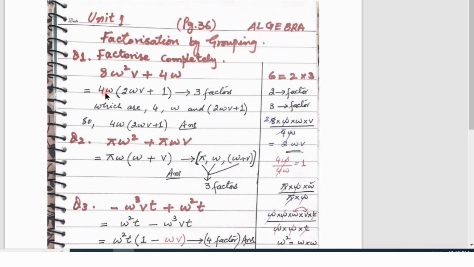So all those alphabets and numbers which are written without a sign have a multiplication relation with each other, as well as those factors which have brackets around, those have a multiplicative relation with the outer terms. So that term is also known as a factor. So 2WV plus 1 is a big factor. Three factors in this answer, which are 4, W and 2WV plus 1. I hope it's clear.